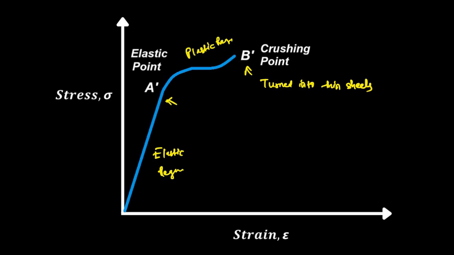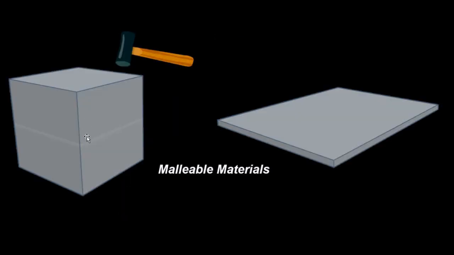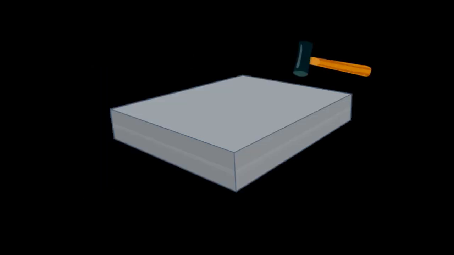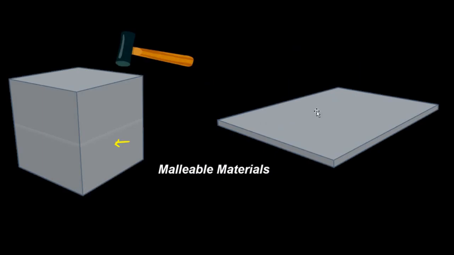For example, if we take a material and beat it down up to this level, this is the crushing point, beyond which it can again be beaten down to form thin sheets.